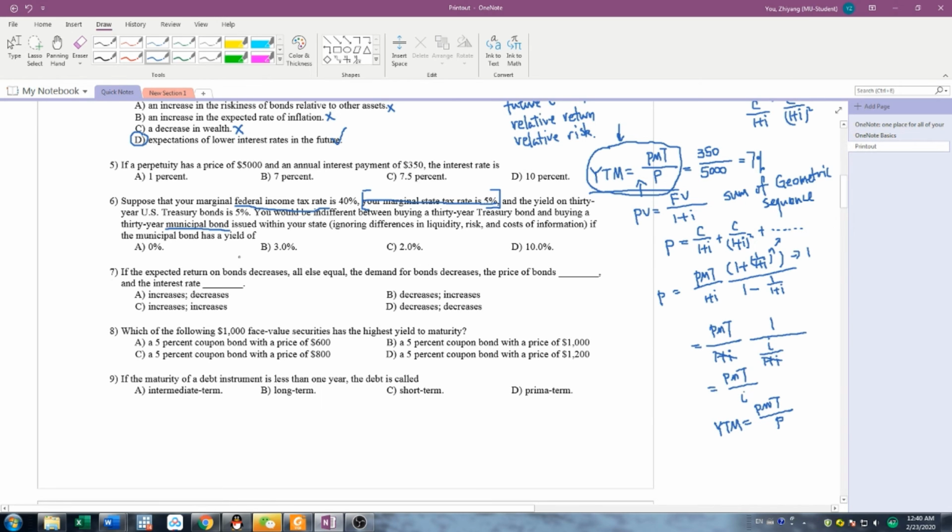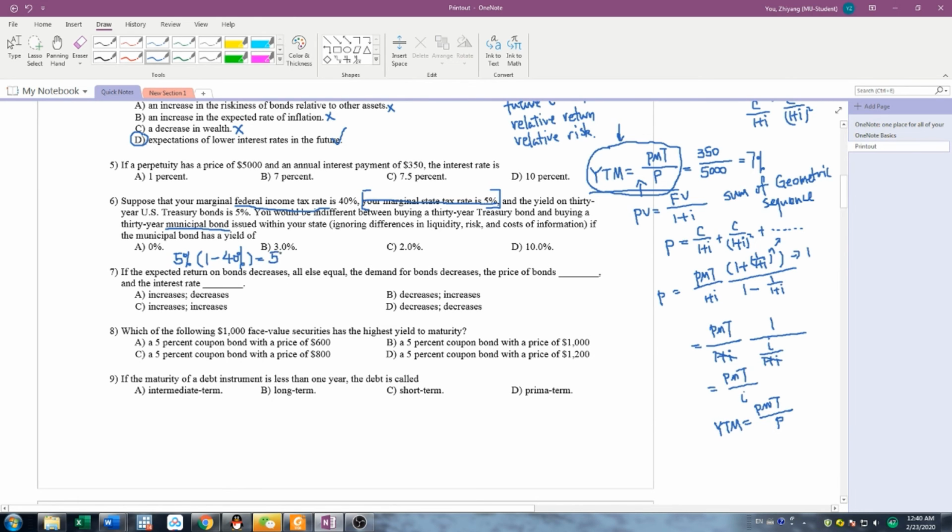What I know is that my bond interest rate is 5%. However, that is not really my profit, not really my return, because I need to pay some tax. I need to pay 40% of my return away, and eventually it will be only 60% of 5%.